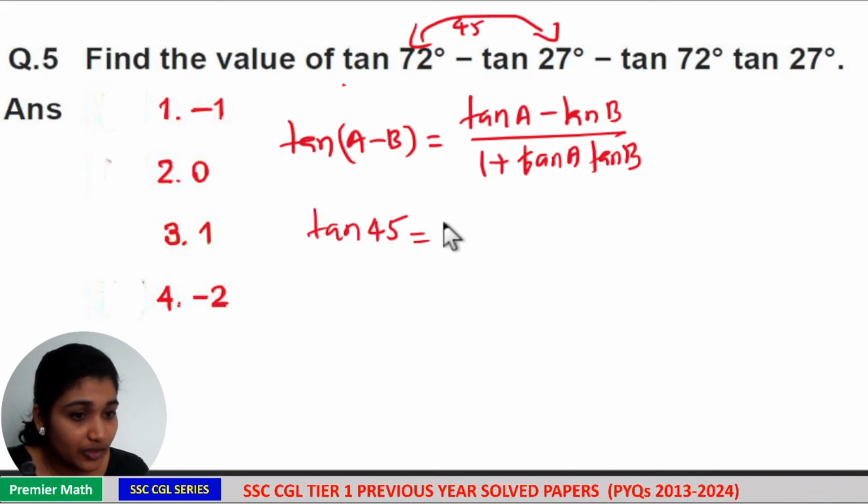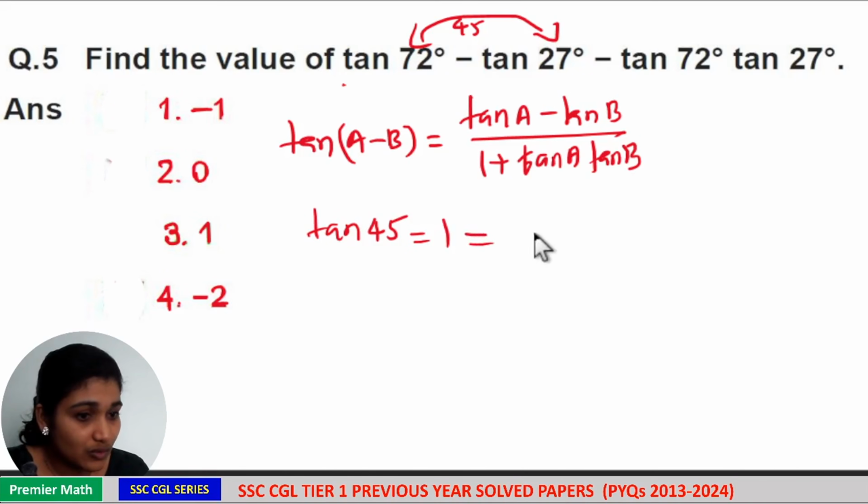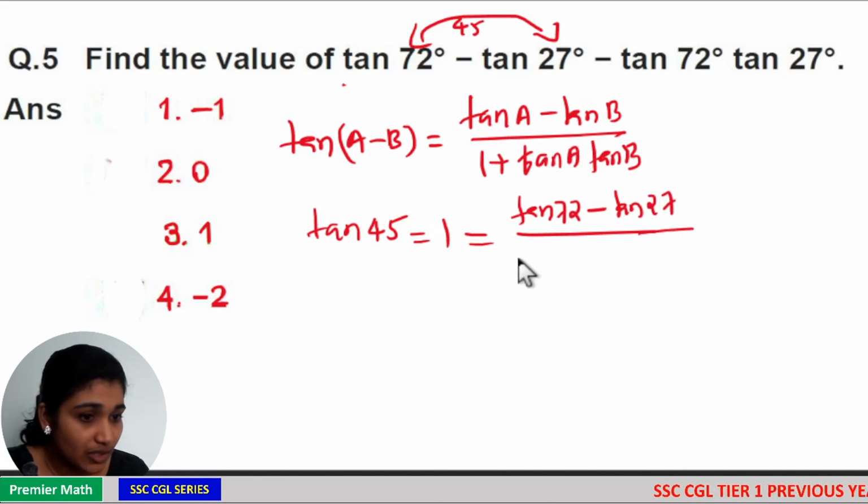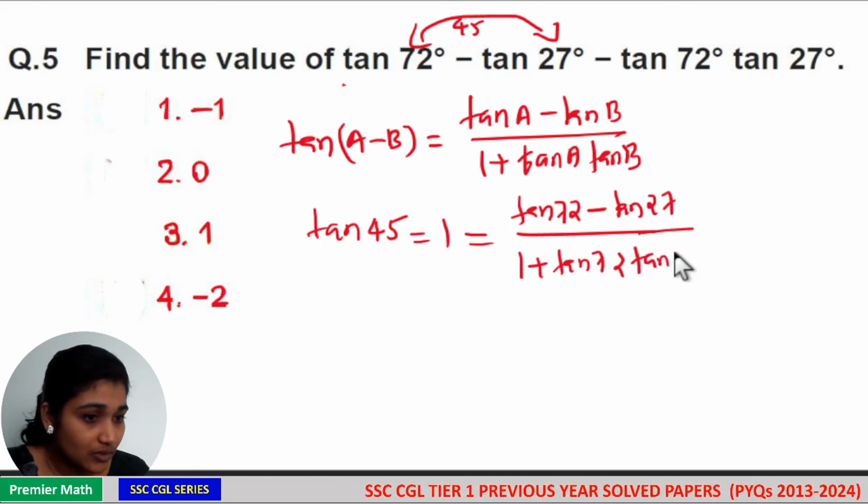Tan 45 we already know it is 1. So if you substitute the values, tan A means tan 72 minus tan B is tan 27 divided by 1 plus tan 72 tan 27.